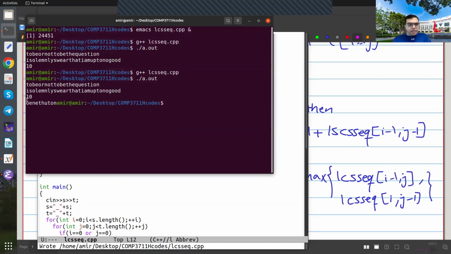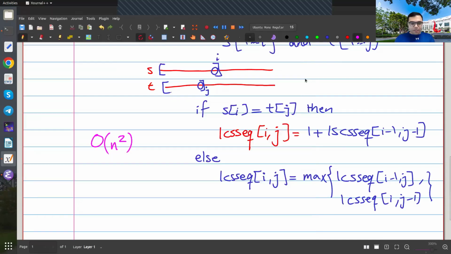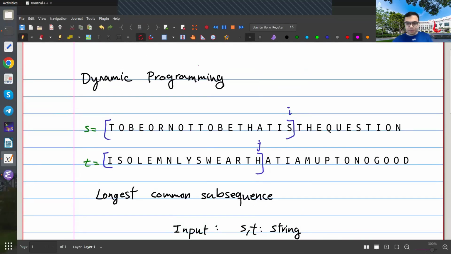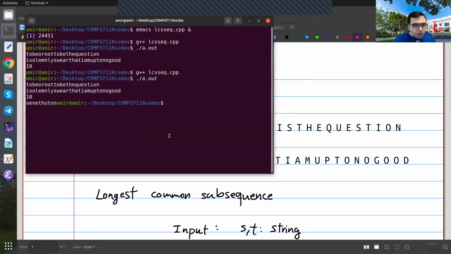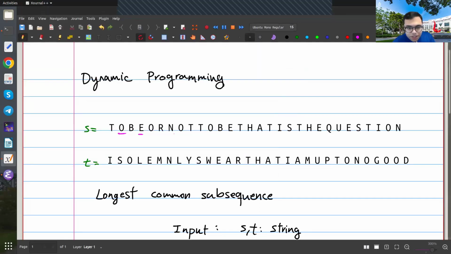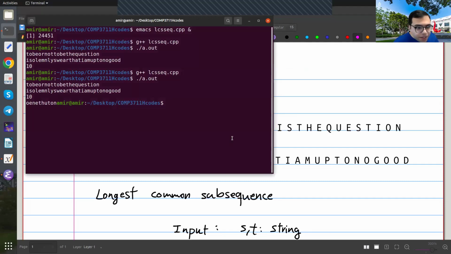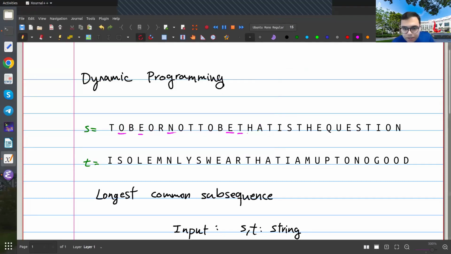It says the length is 10, and this is apparently the answer. 4, 5, 6, 7, 8, 9, 10. Now, again, is this correct? Hopefully it is. I think the code is so simple, I hopefully don't have a bug. But let's see if we can find it in both of these strings. So it's O-E-N-E, T-H-U-T-O-N.